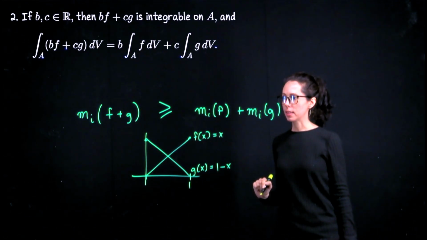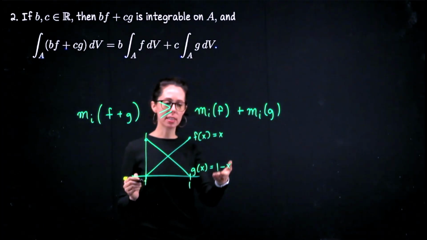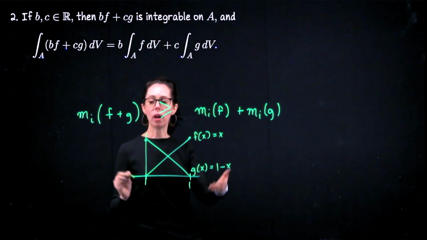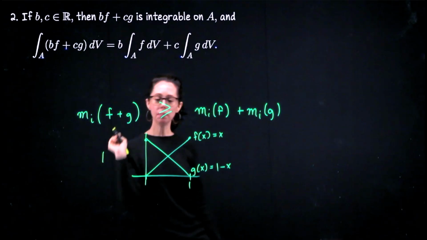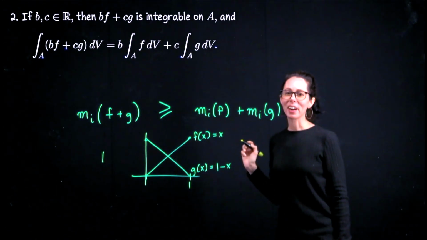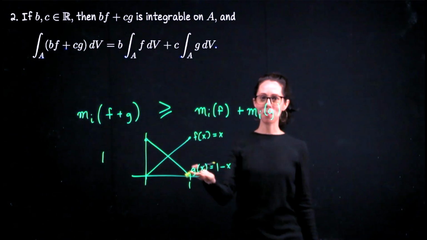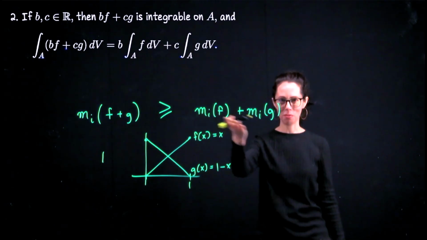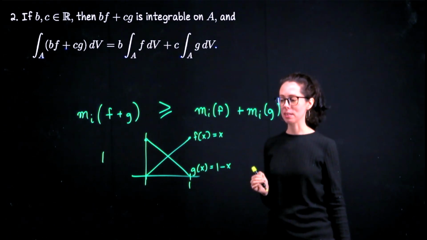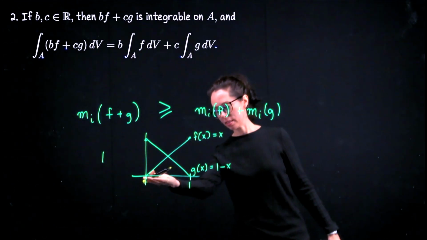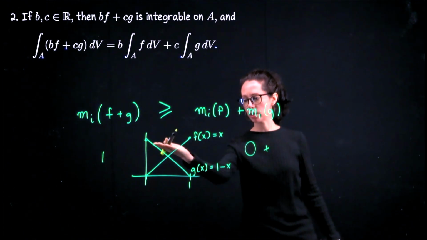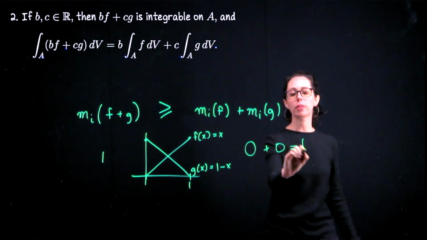On the right-hand side, when I add these two functions together, it's the constant 1. So over here, I would get 1. But over here, I'm allowed to move around in the domain and pick different places to look for both of these infima values. Over here, it's 0 for f, whereas over here, it's 0 for g. So it's 0 on the right.